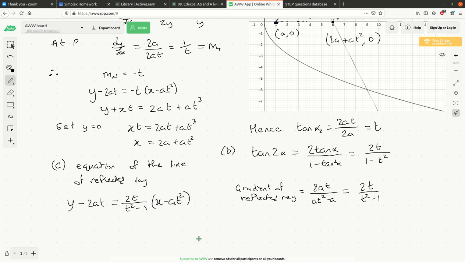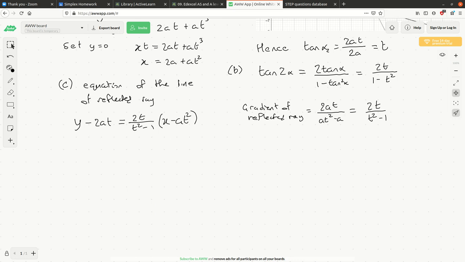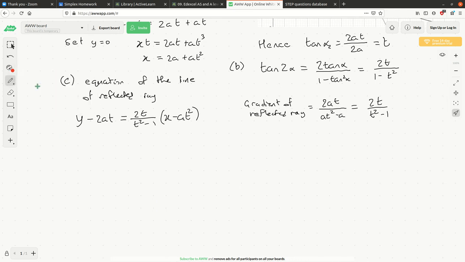Now, I'm not even going to bother tidying that up, because I just simply need to show that A, 0 lies on this line. So I'm just going to sub in A, 0 to prove it lies on the reflected ray.